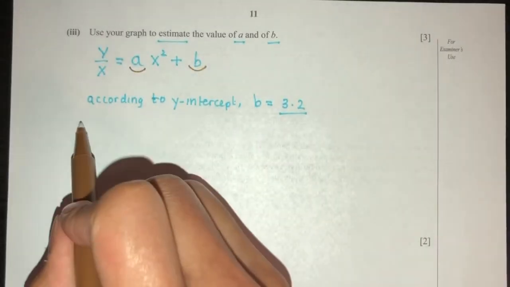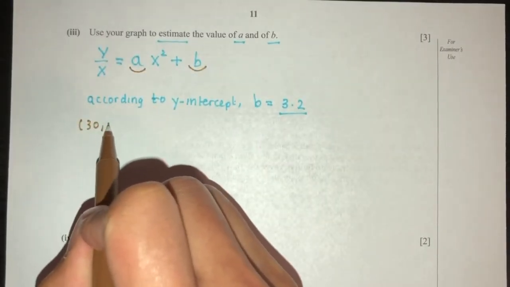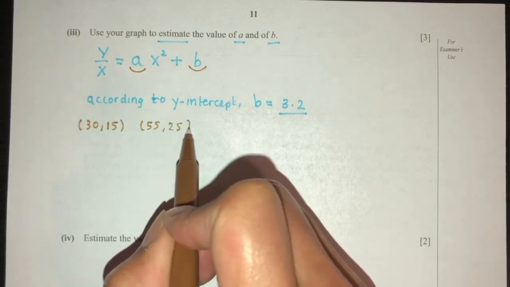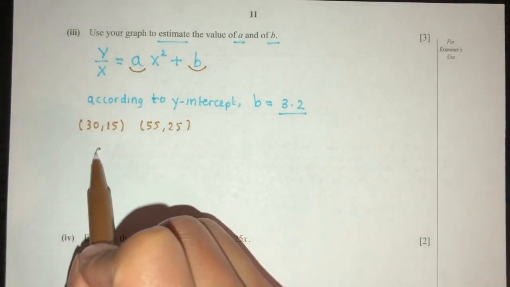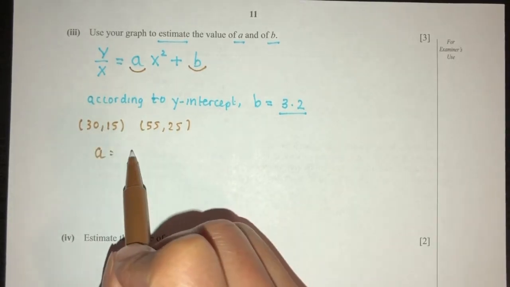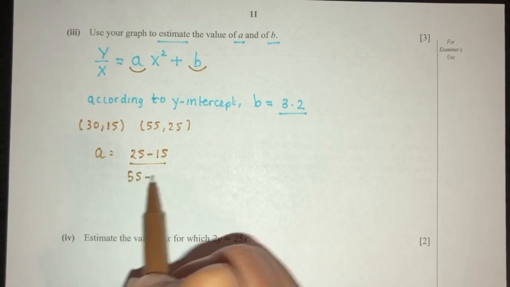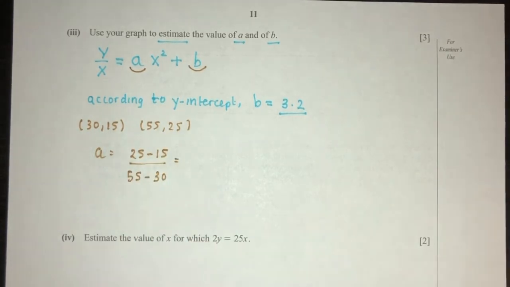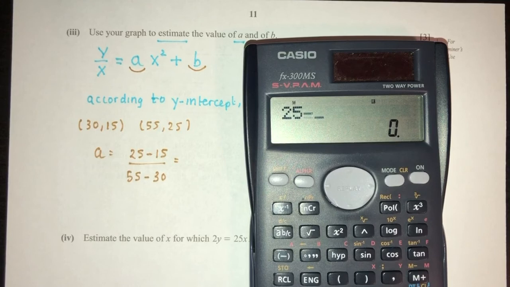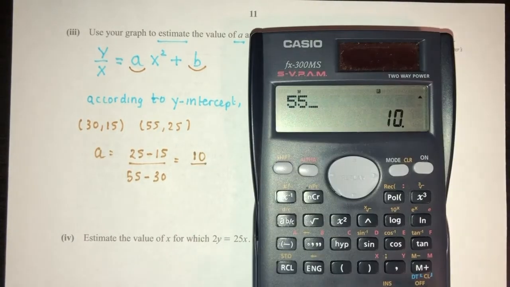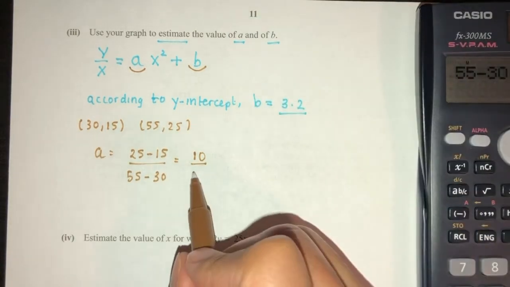The 2 points I choose are 30 and 15, and 55 and 25. To find the gradient, which is a, is equal to y2 minus y1, 25 minus 15, over x2 minus x1. What is that? 25 minus 15, that will be 10 over 25.